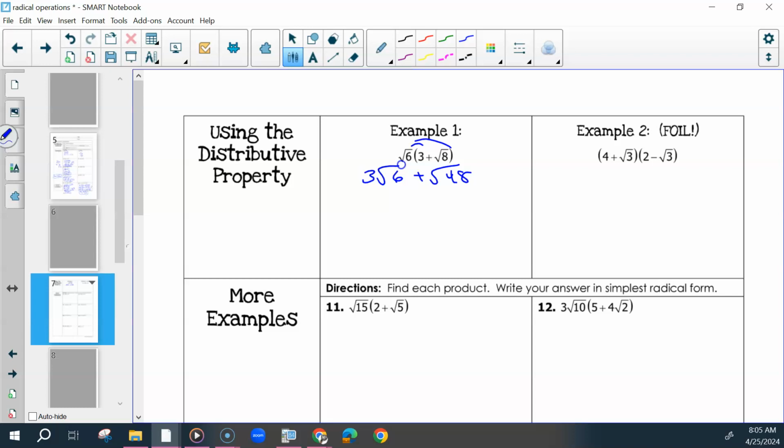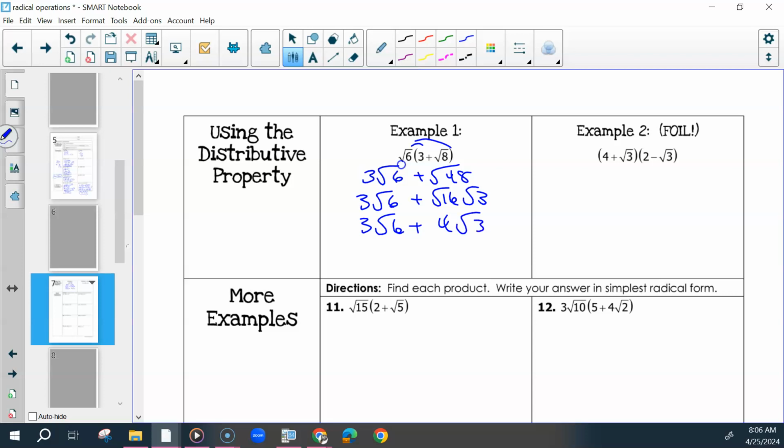So 48, we know we can simplify to what? What's the highest perfect square that goes into 48? 16 and 3. So this would be 4 root 3.